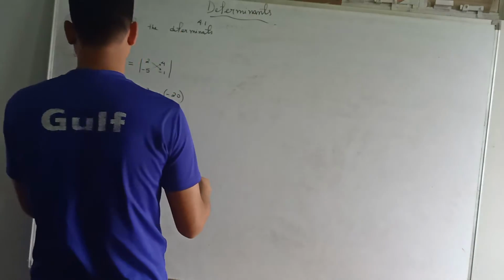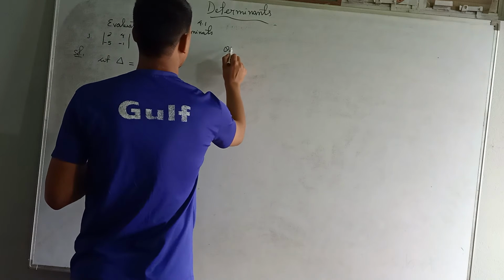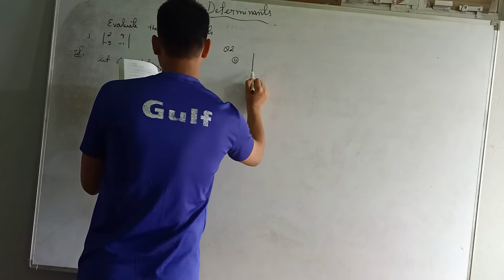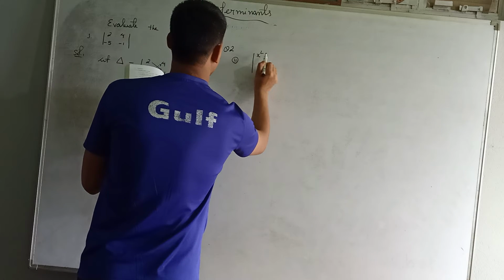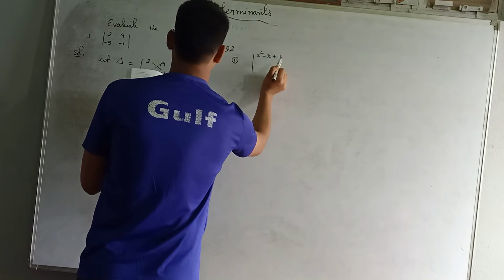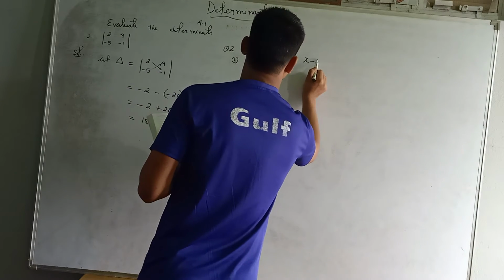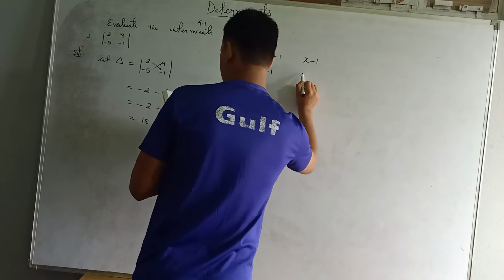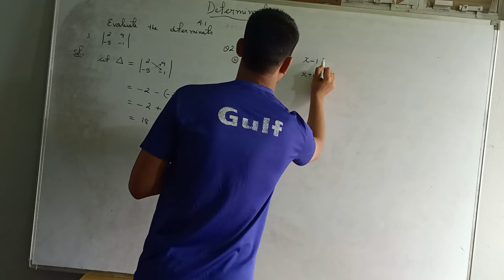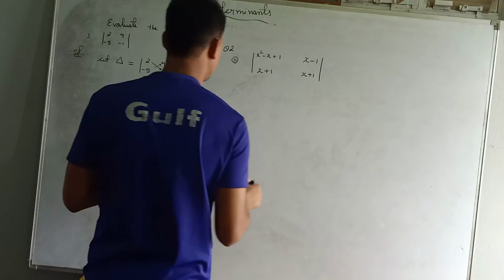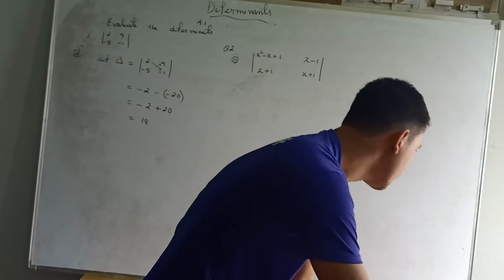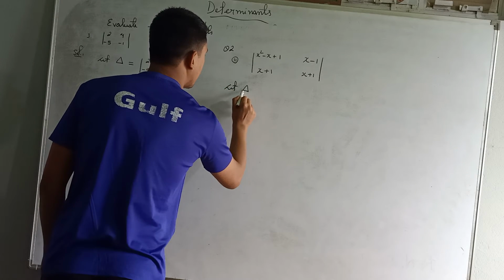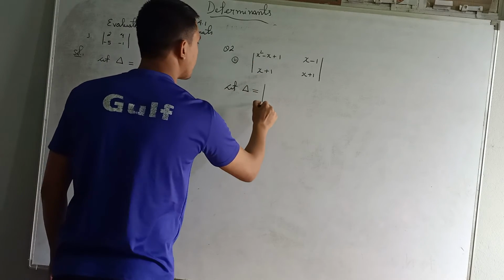Suppose question number 2, Roman 2. The given determinant is x square minus x plus 1, x minus 1, here x plus 1, here also x plus 1. Now, let delta be your given determinant.